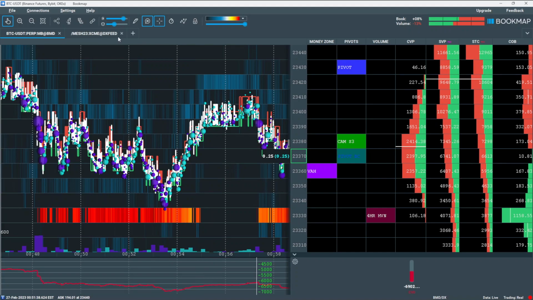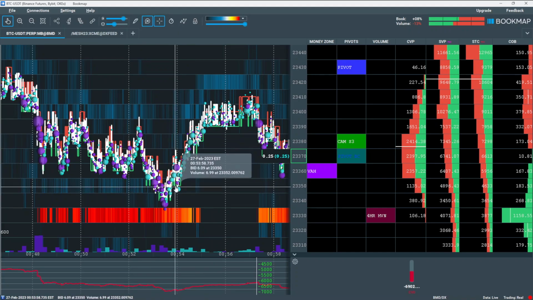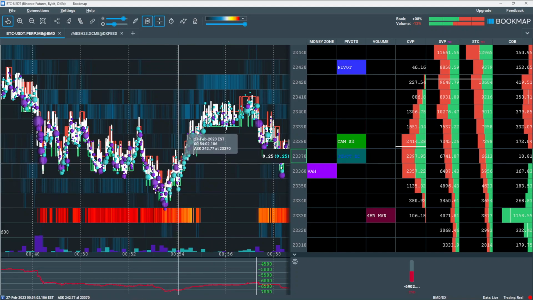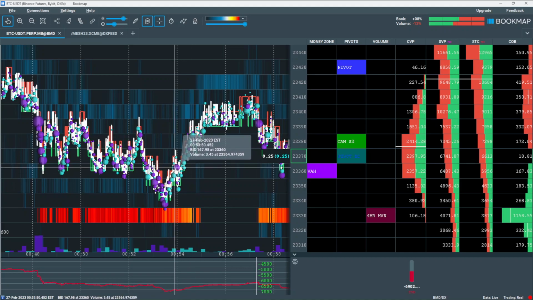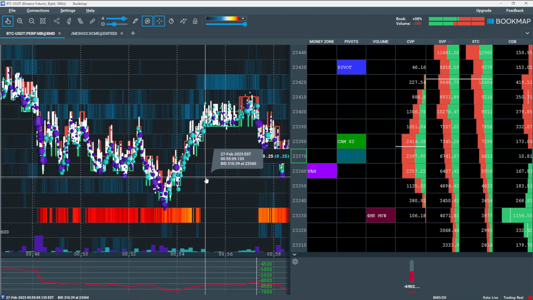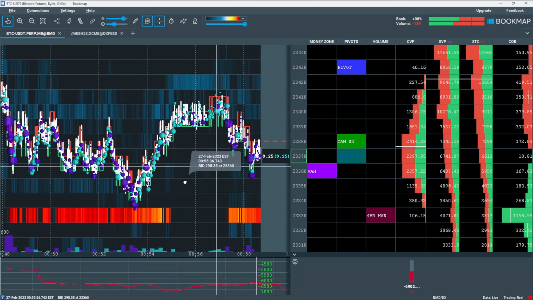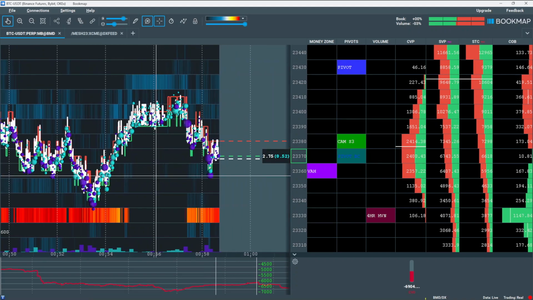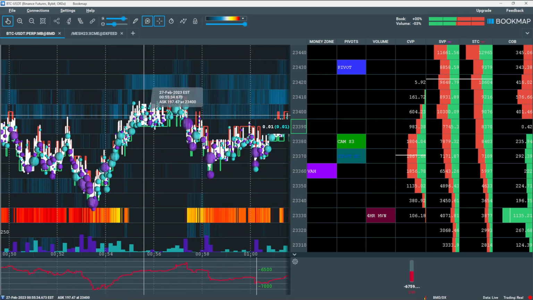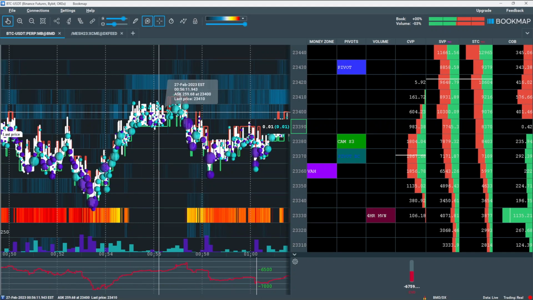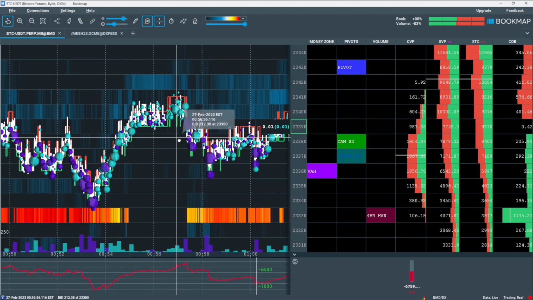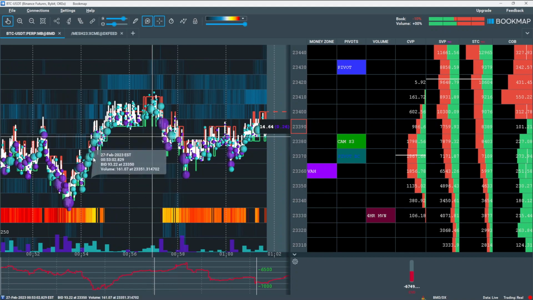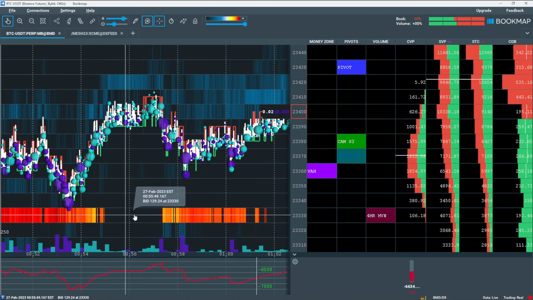Buyers started coming in heavy. Well, I wouldn't say heavy. I would say that they were just more aggressive than the sellers, right? Because it's not really big bubbles. So we had this auction here around 23,400. After this reversal pattern, they pulled liquidity from the book here.